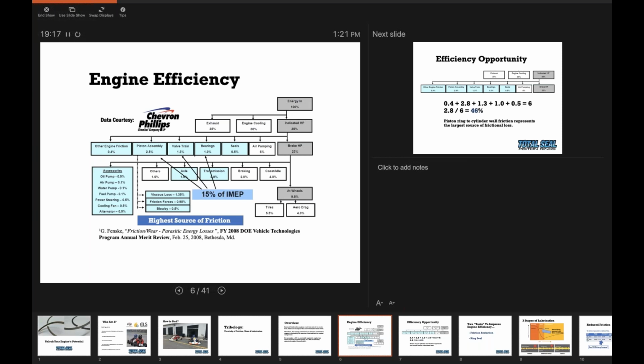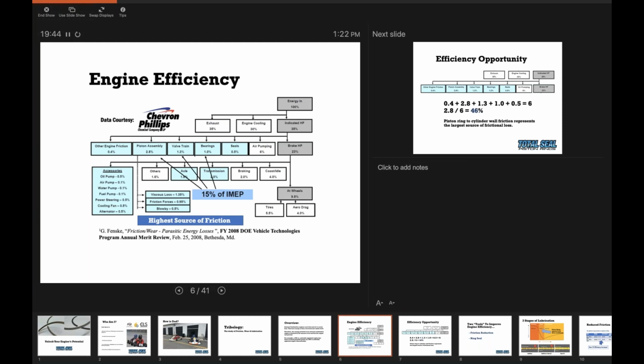That leaves 35% of the energy potential actually moving the piston. Of that 35%, only 23% actually makes it to the flywheel and leaves the engine. So there's 12% of that energy potential lost within the engine.